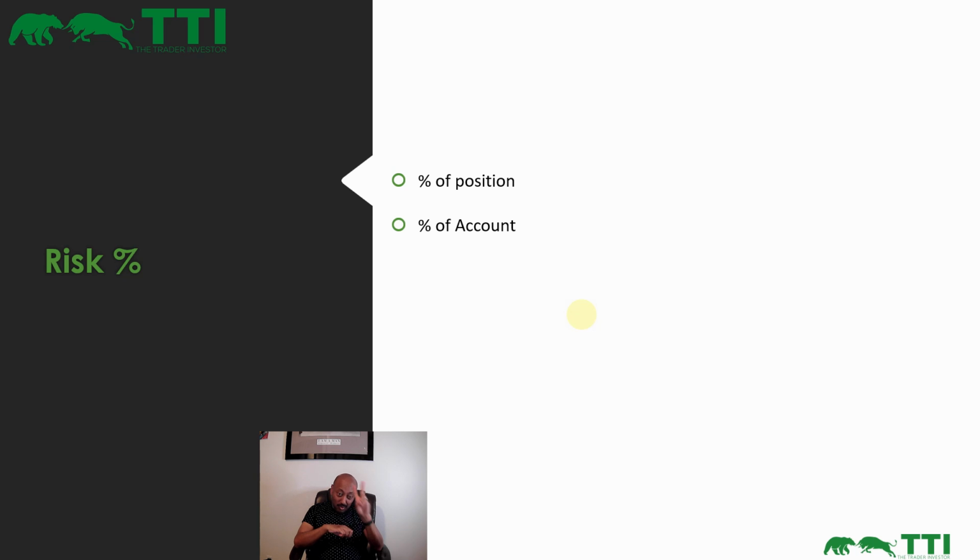Sorry, not 4, 2 contracts. Because if I'm willing to lose $25, like I said, it's not 1% of my position, it's 1% of my account size. So if I'm willing to lose $25 per contract, then I can only enter 2 contracts. Because that's 125 minus 25 times 2, that's $50.